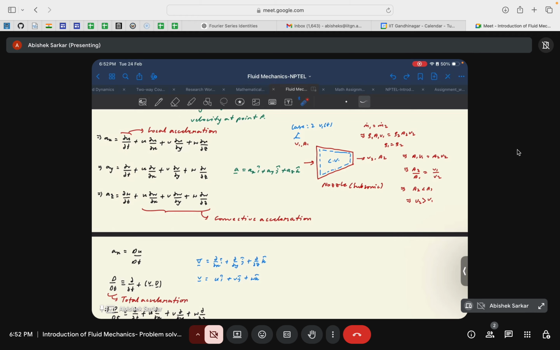I just wanted you to remember this pattern. Again, for v, the derivatives are for the v velocity component, and u, v, w are again attached to their respective spatial derivatives. Similarly for z, all the derivatives are for the w velocity component, with the respective velocity components attached to the respective spatial derivatives.